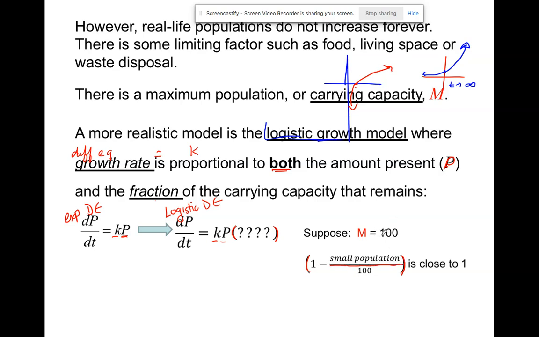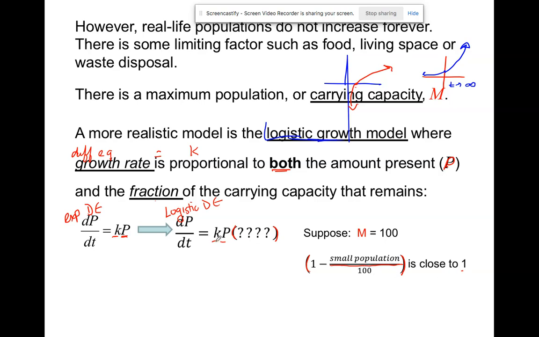remember, assuming my carrying capacity is 100, imagine, though, that you have a very small population. A small population compared to your carrying capacity. So let's suppose you have only 1. 1 minus 1 over 100, isn't that still close to 1?